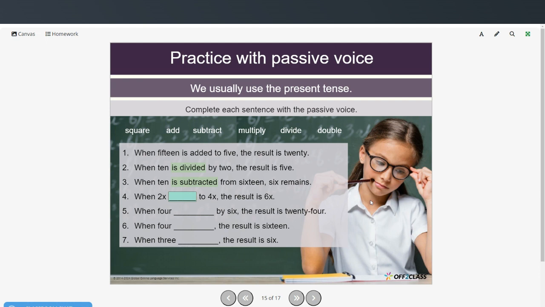When 2x is added to 4x, the result is 6x. When 4 is multiplied by 6, the result is 24. When 4 is squared, the result is 16. And when 3 is doubled, the answer is 6.